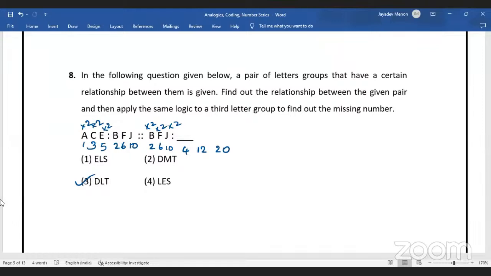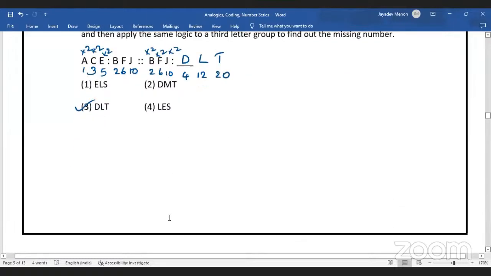Now the letter on fourth position is D, 12th position is L, 20th position it is T. So the answer will be DLT. Next one.